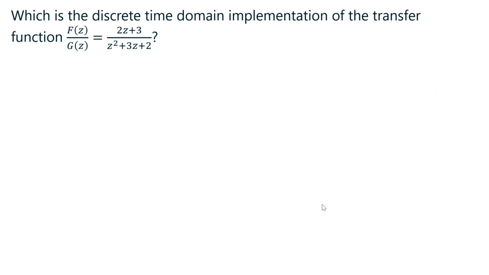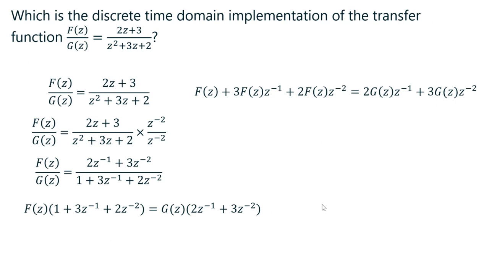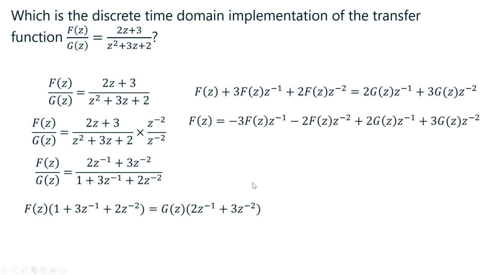Discrete time domain implementation of the transfer function. This is in the Z domain. For this one, you have to do some math. Your goal here is to get the output function on the left-hand side, and on the right-hand side, everything should be multiplied by something times z to the negative first power or below.